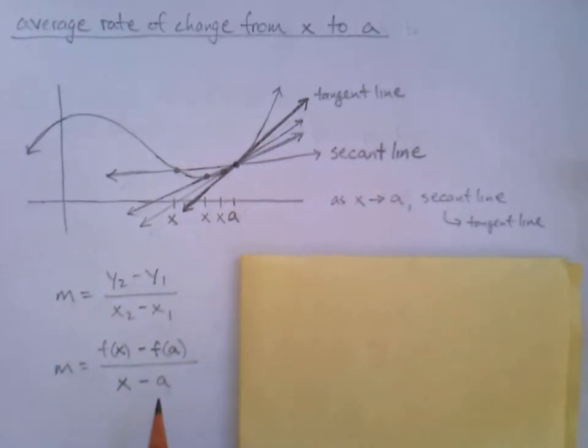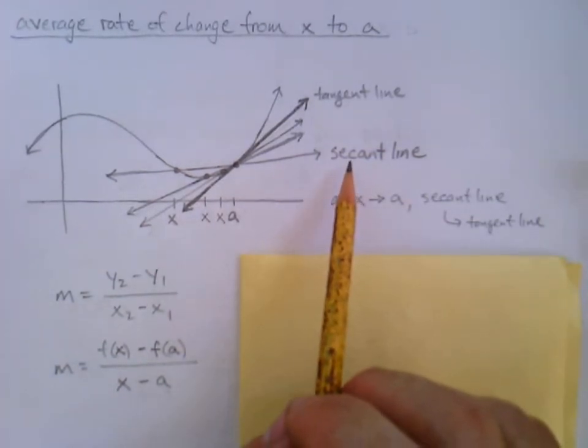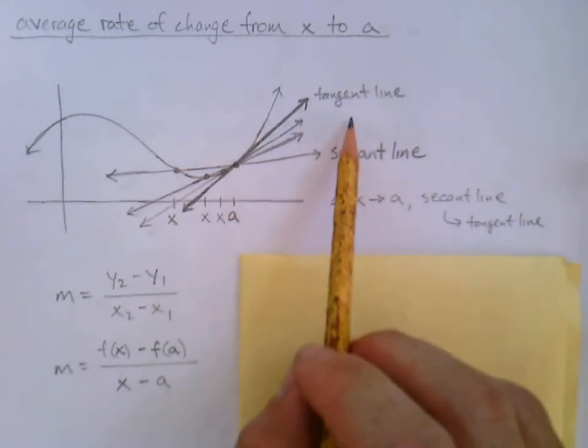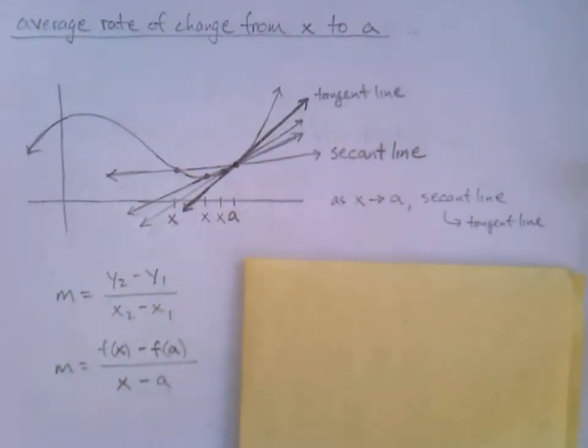Now we said, hey, if you want to use the secant line to figure out the tangent line, take the limit as x approaches a. So if I want the slope of the tangent line, all I have to do is take the same formula for the slope of the secant line and throw a limit in the front.